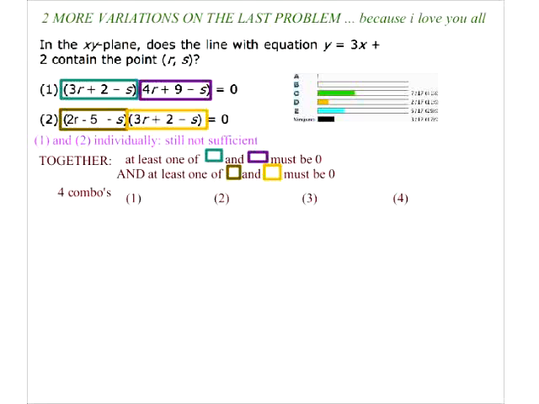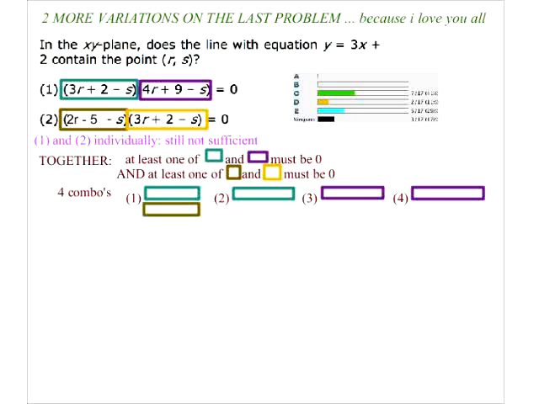The first way that those could be 0 is if the blue box and the gold box are 0. The second is if the blue box and the yellow box are 0. The third is if the purple box and the gold box are 0. And the fourth is if the purple box and the yellow box are 0.